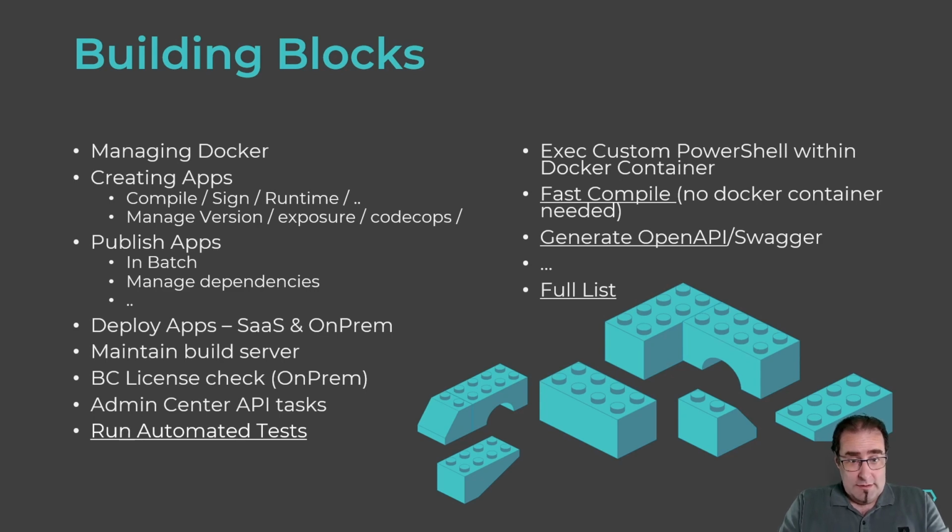And this is just a list of building blocks that we provide. There is a lot of Docker stuff going on. We do a lot with Docker, obviously, because we need to be able to run tests, which is also a step. On top of that, we are able to sign your apps. We are able to check your on-prem license, because it's easy for us to create an extra object, but that object might not be in the license of my on-prem customer.